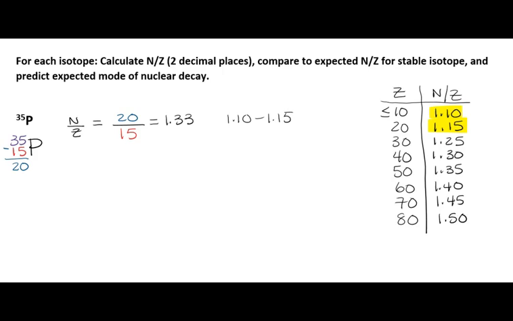And when we do that comparison, we see that our calculated N to Z is too high. So 1.33 is quite a bit higher than 1.15. So we know that this is an unstable isotope, and because that N to Z ratio is too high, the primary mode of nuclear decay would be beta decay.